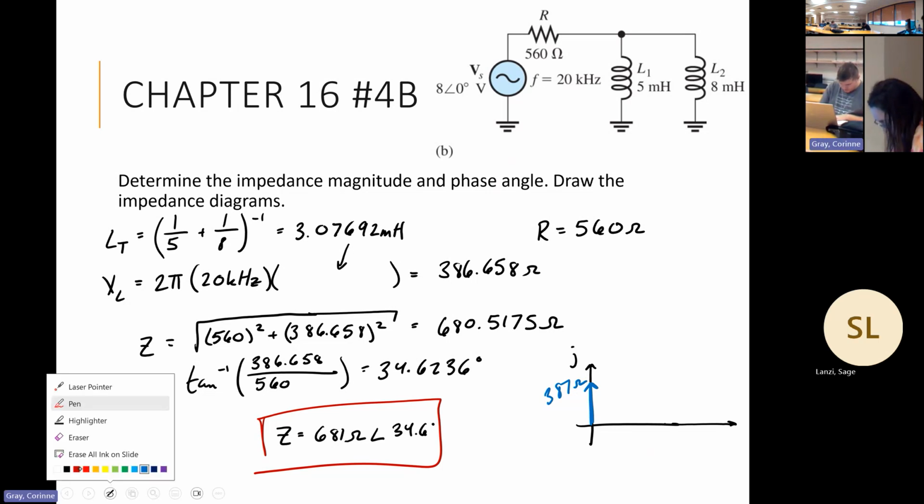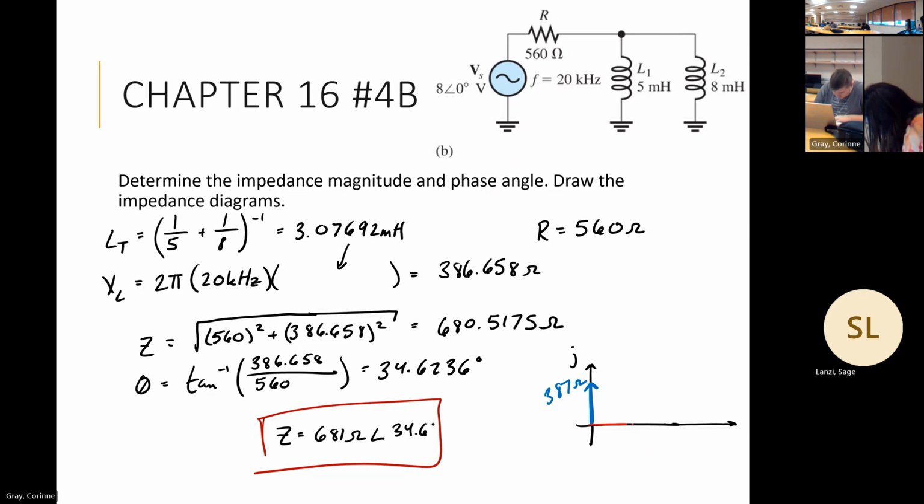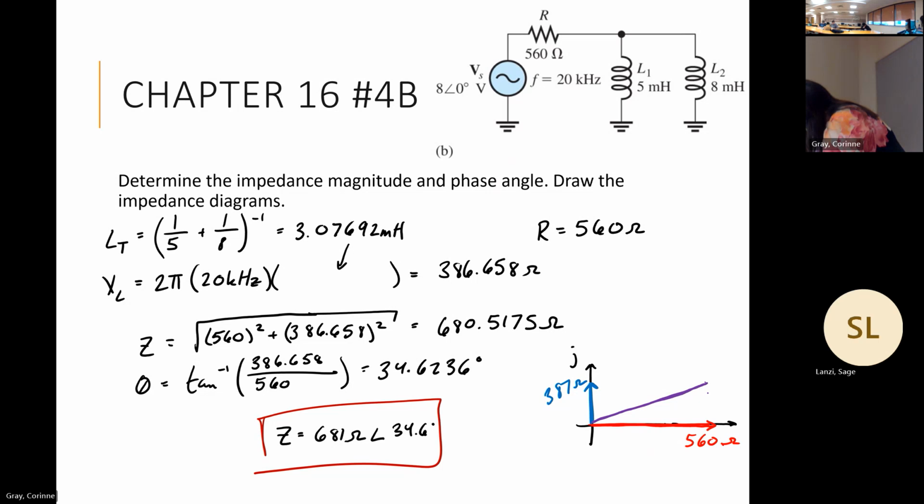For the resistor part over here, 560 ohms. And then combining the two of them, not to scale, 34.6 degrees, 681 ohms.